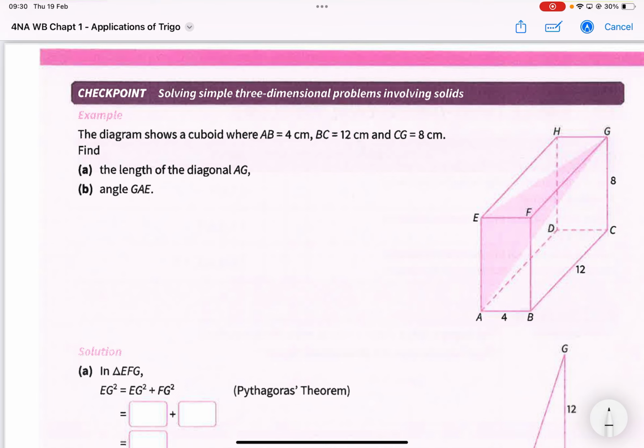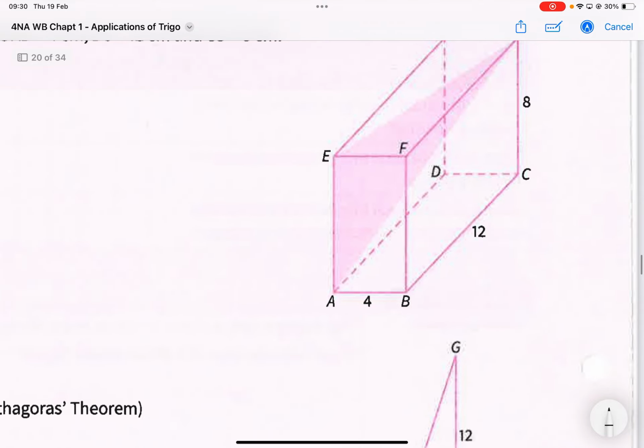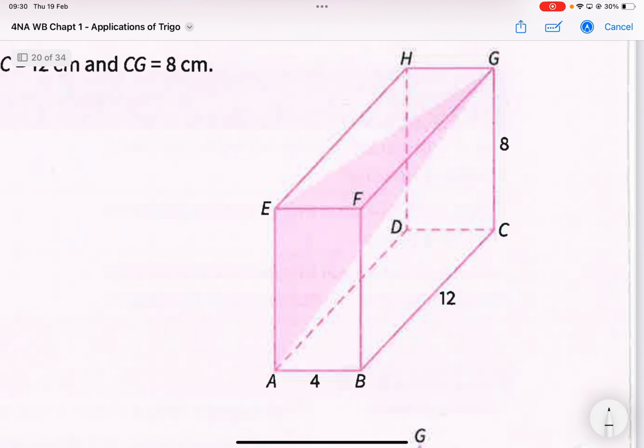You want to find the length of diagonal AG. A to G. We must be able to imagine, if we just look at the point, where is the 90 degrees? Because I want A to G.